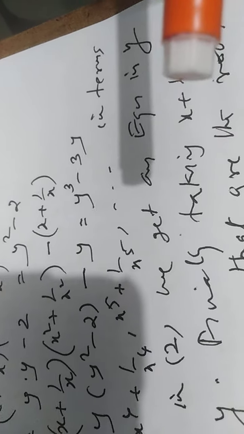It is x plus 1 by x. Then we have x plus 1 by x equal to that particular value of y. When simplified, it will be a quadratic equation in x and can be solved for values of x. Thus we get the values of x, that is, the roots of the given standard reciprocal equation 1. Okay.